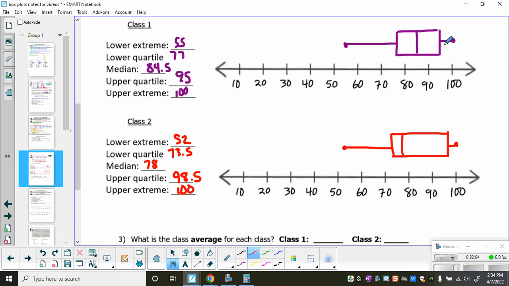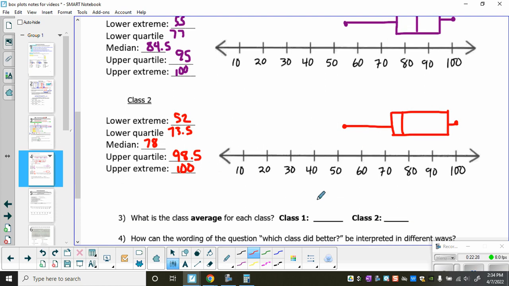If we look at this 25% of the data, though, the top fourth of this class had a score of 95 or better, and the top fourth of this class had a 98.5 or better. So if you look at the top part of the class, maybe class 2 actually did a little bit better.